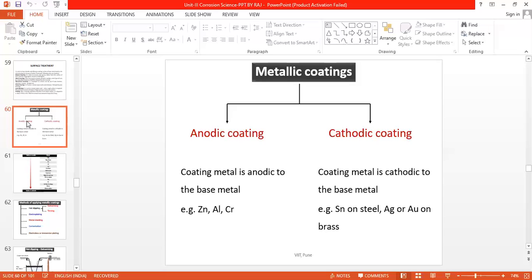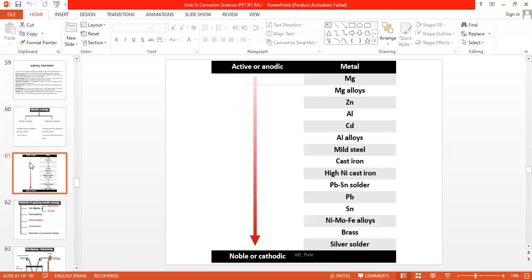But if some pores or cracks are developed in it, then the base metal is exposed to the air, and the corrosion of base metal continues at a faster rate than when no coating was applied, and therefore anodic coatings are preferred over the cathodic coatings. Now again we will take the reference of the galvanic series for various metallic elements and their alloys.